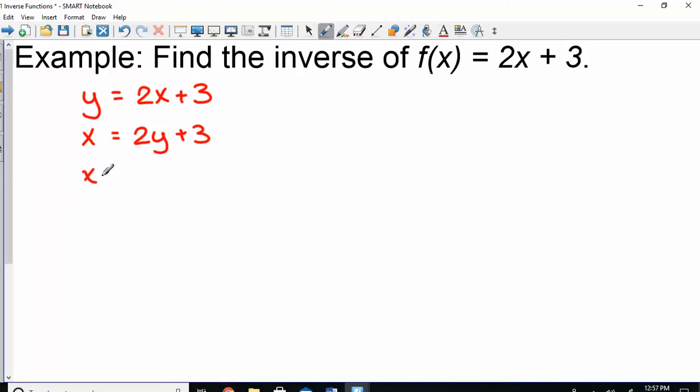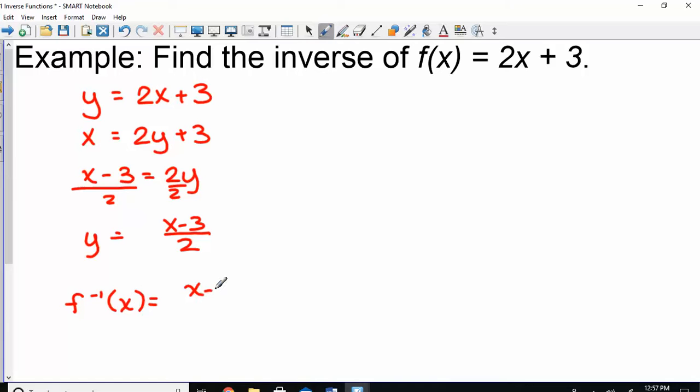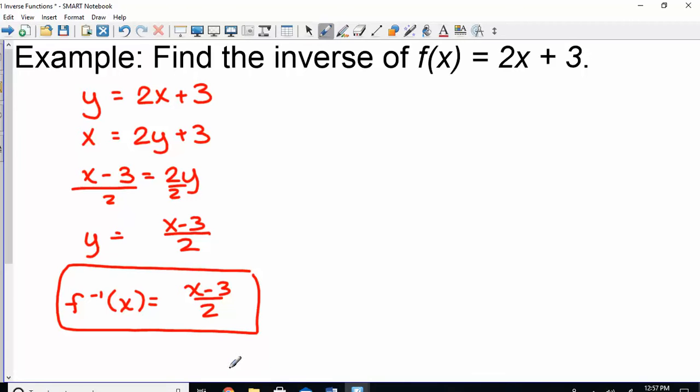To get the y by itself, we would subtract over the 3. Divide by 2. Final step, instead of y, what do I put? The f to the negative 1 of x means f inverse of x. So there is my inverse.